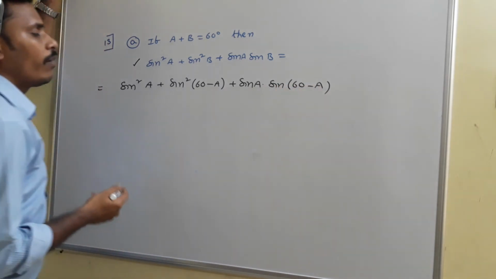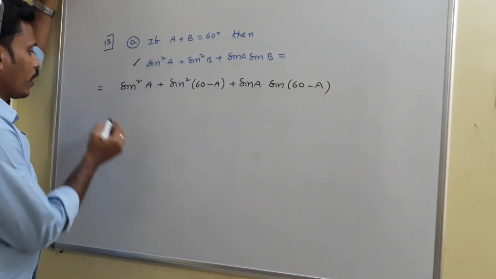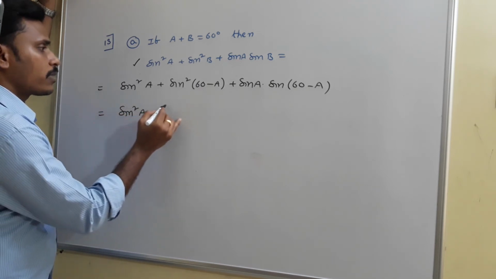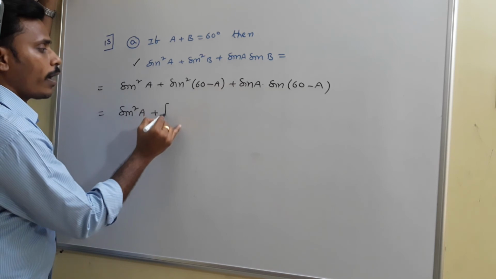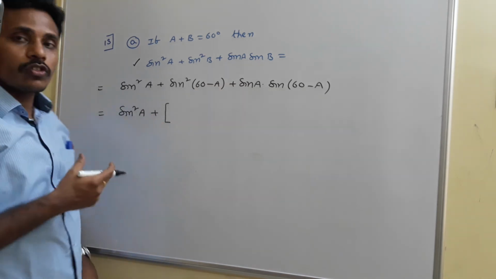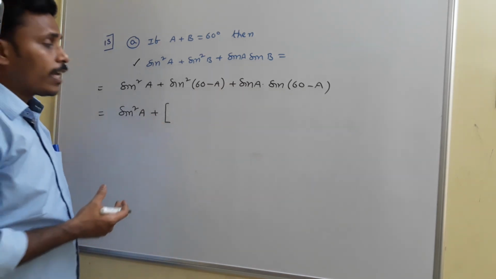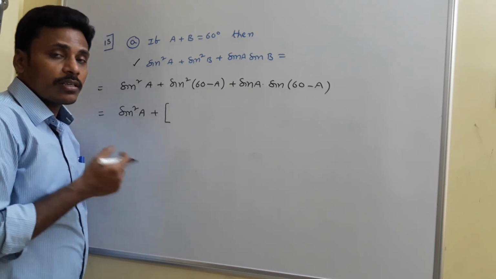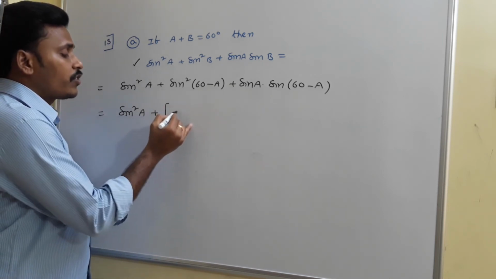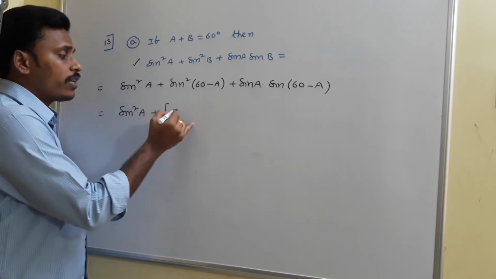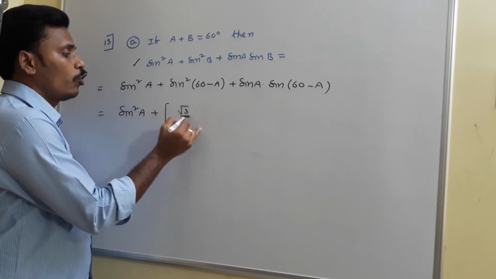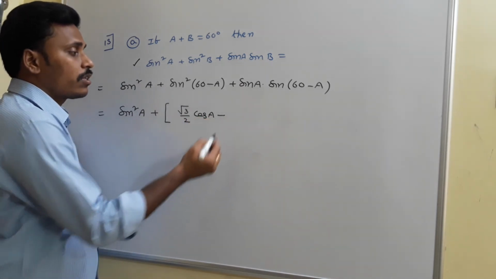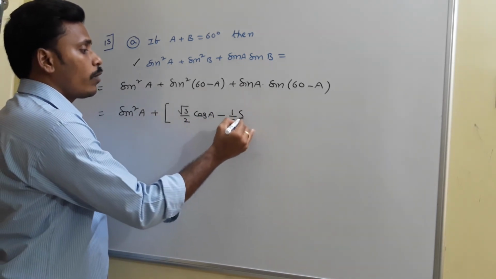You need to convert everything in terms of A. That is equal to sin²A + sin²(60° − A) + sinA · sin(60° − A). Sin(60° − A) is sin60 cosA − cos60 sinA. Sin 60 degrees is root 3 by 2, and cos 60 is 1 by 2.